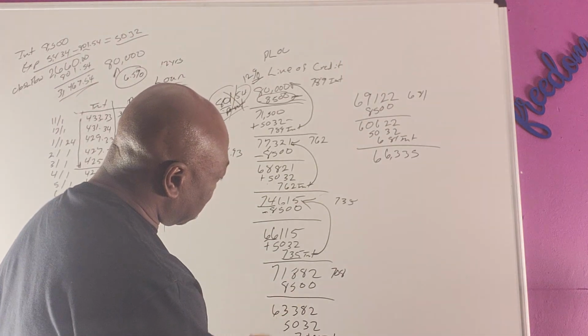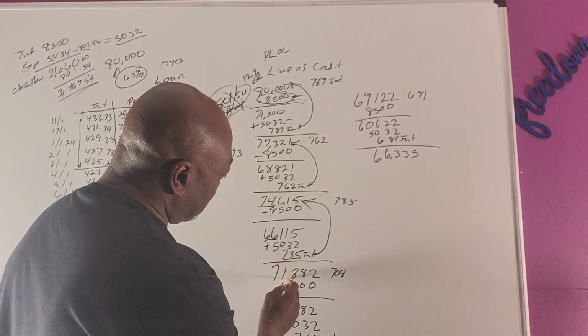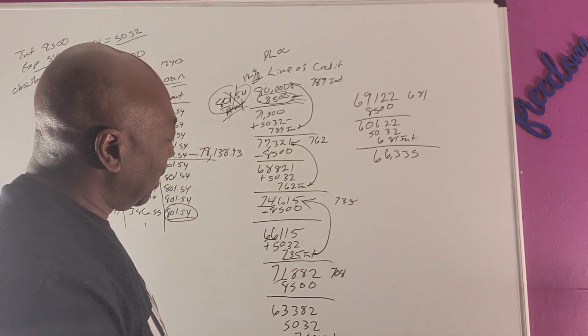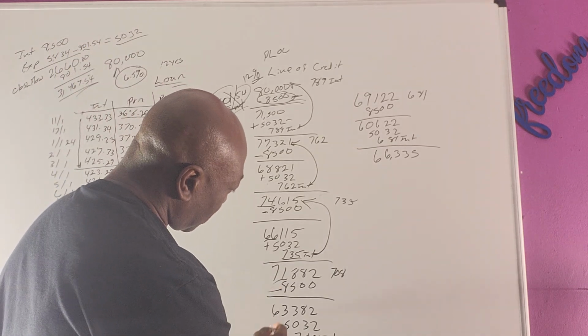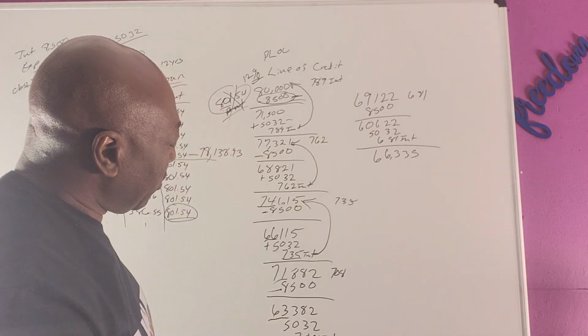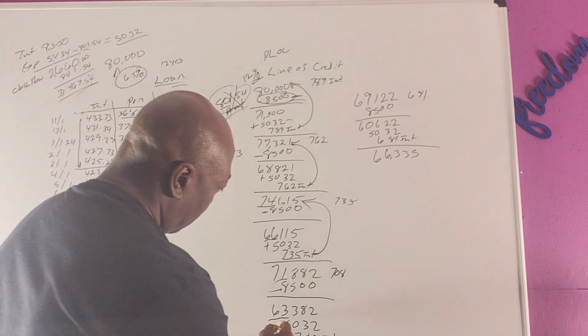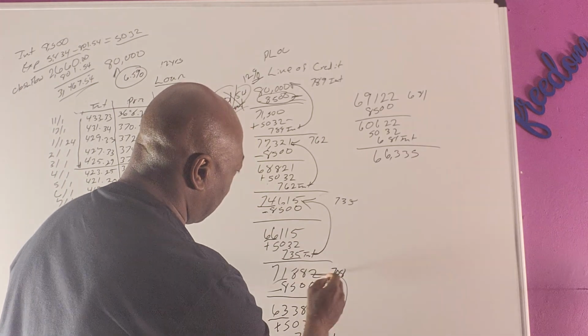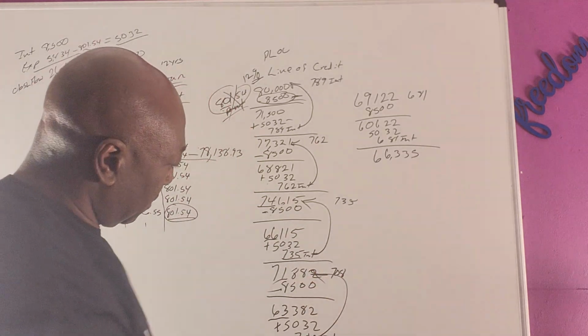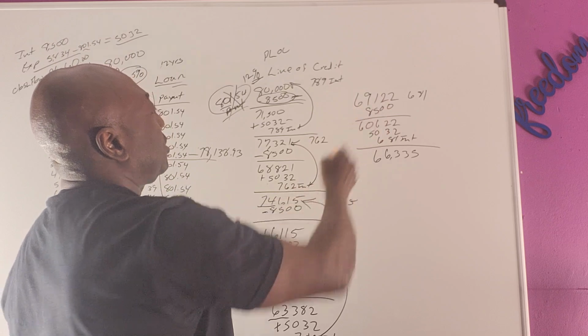Okay, let's do this a couple more times. After you add your expenses, it goes back up to 71,882. Subtract the income in there and take it down to 63,382. Add your expenses in now, plus the interest that comes off this right here, and it comes out to 69,122.